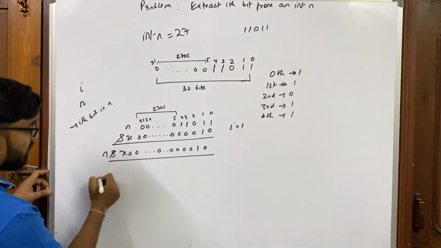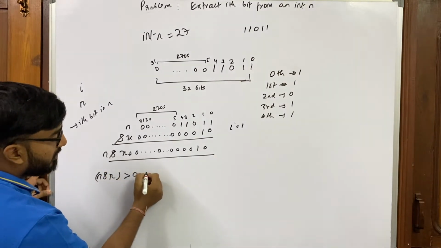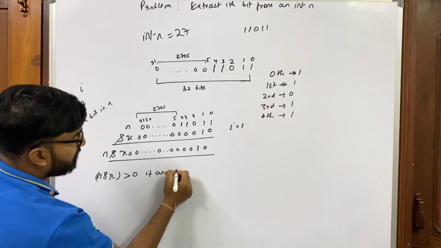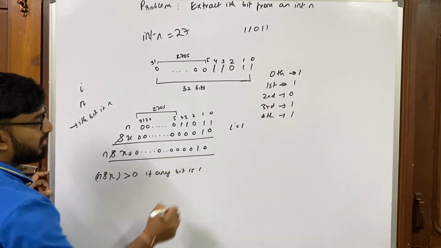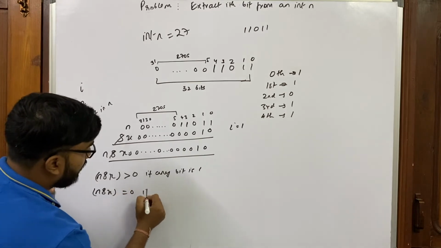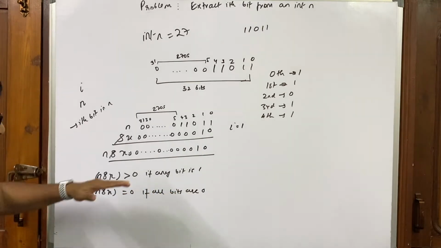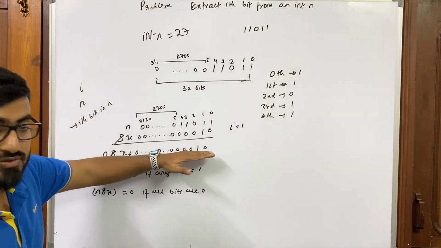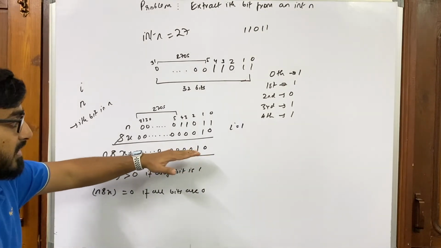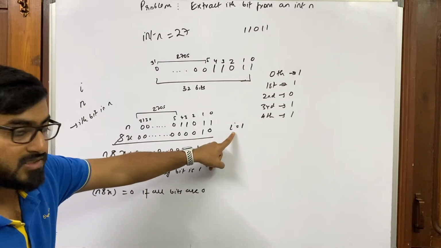The value n & x is going to be greater than 0 if any bit is 1, and n & x is going to be equal to 0 if all bits are 0. So if my final value has all bits equal to 0, it is the integer 0, which implies the ith bit was 0.